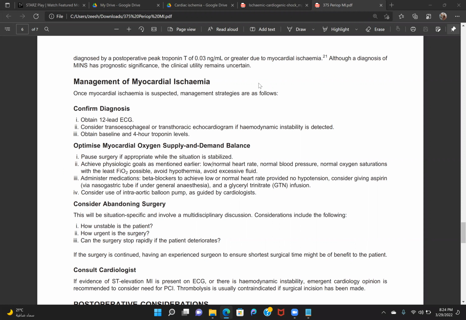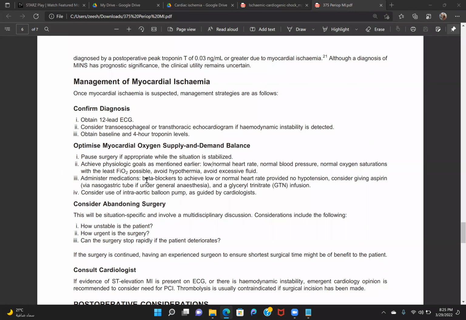So you will just be observing. Your approach will be airway, breathing, circulation, and you will improve the coronary perfusion and avoid the factors which increase the demand.